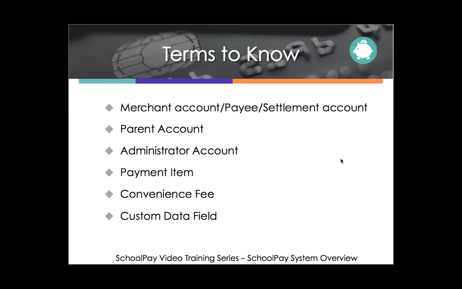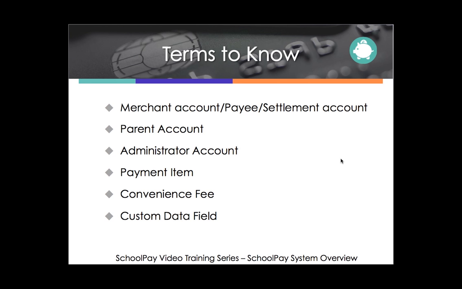Custom data field. Quite often in school payments, it is most helpful to collect some additional information at the time of payment. For example, if a parent is paying for a jersey or a Spirit Wear t-shirt for their child, it makes the most sense for the parent to be able to also at the time of payment designate the size of the jersey or Spirit Wear t-shirt that they're ordering.